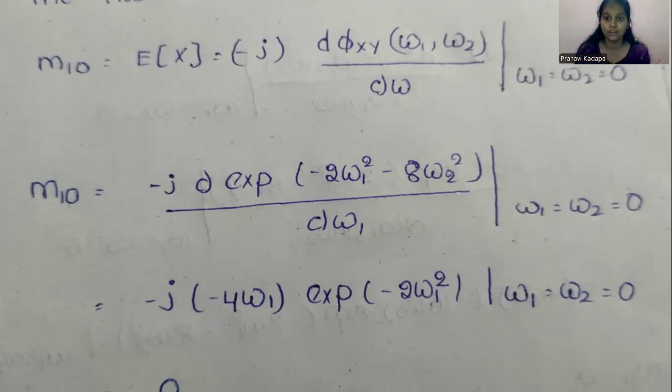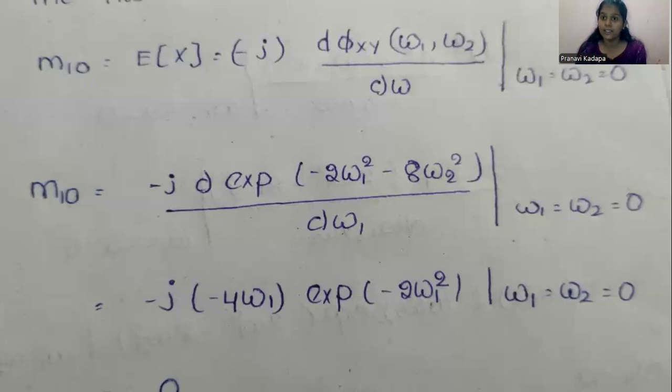And next, the first order moment m10 is minus j d of exponential of, what is the given function, the characteristic function, minus 2 omega 1 squared minus 8 omega 2 squared, by d omega 1, where omega 1 and omega 2 equal 0.